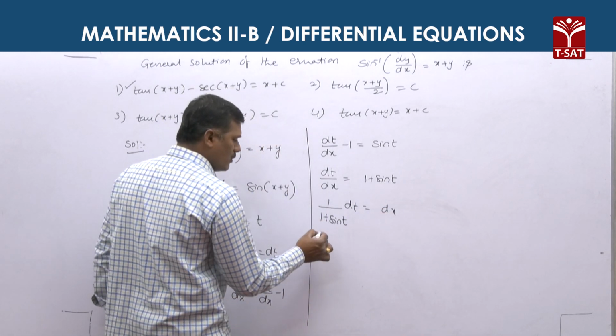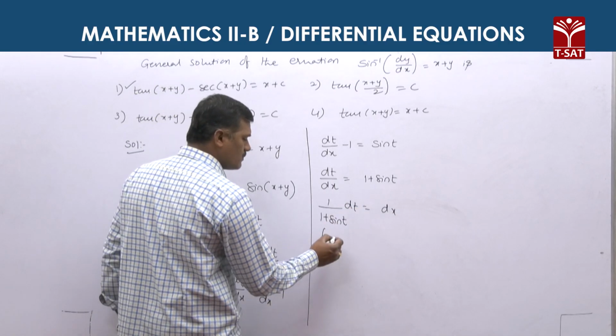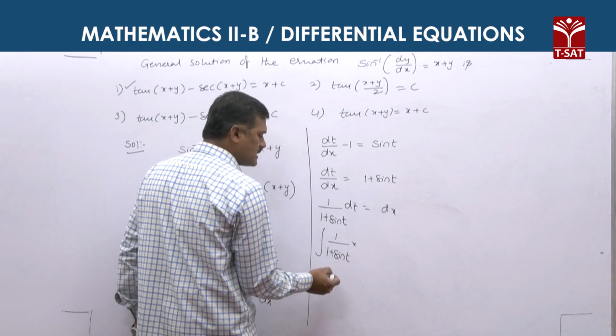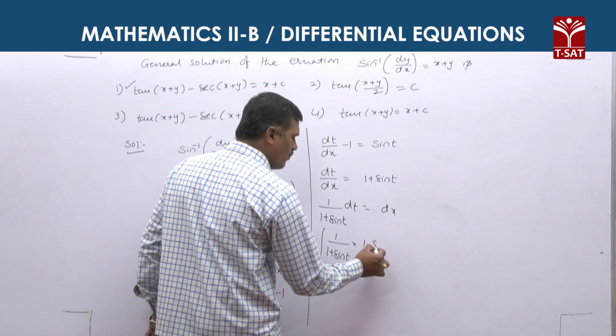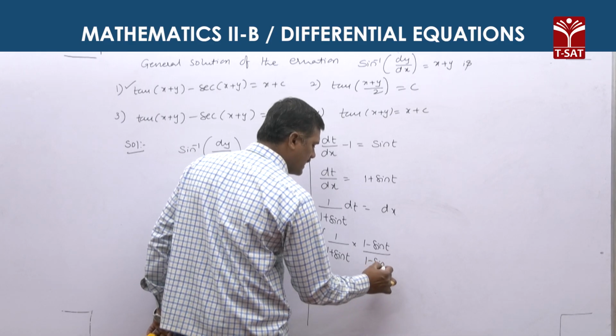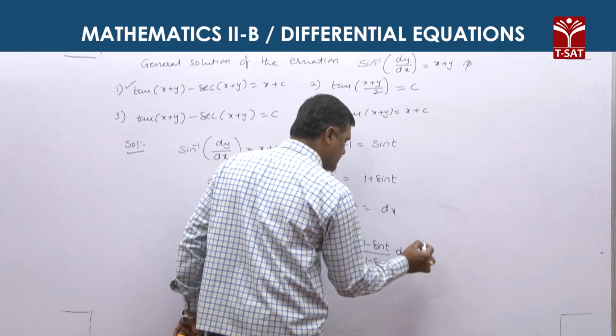Now integrating on both sides, after variables are separable, integral of 1 by 1 plus sin t. Now rationalizing the denominator, 1 minus sin t by 1 minus sin t into dt is equal to integral of dx.